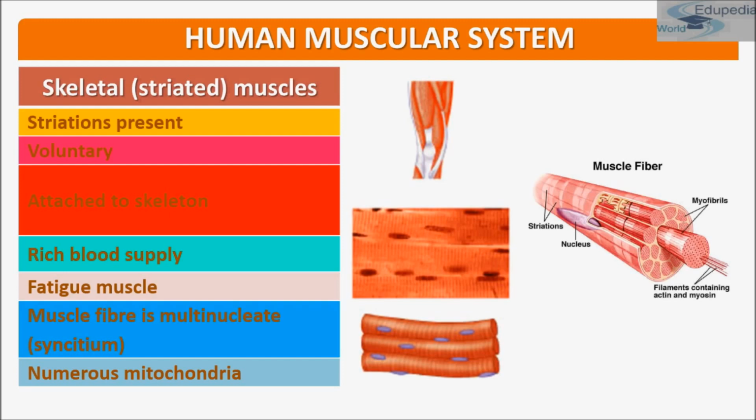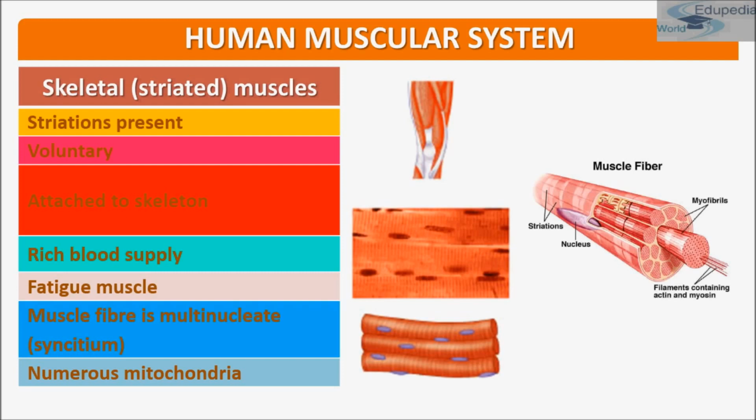The cause of this stripy, band-like appearance is the bands of actin and myosin. Actin and myosin are the contractile proteins of muscles. We will be studying actin and myosin in the next section of the presentation.